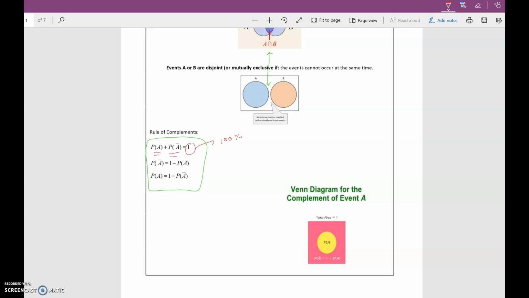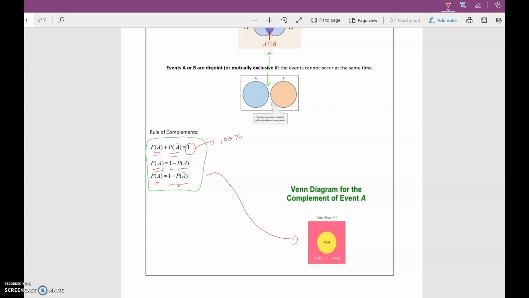Depending on what they're asking, some problems ask for the probability of the event not occurring, which is 1 minus the event occurring, or the event occurring is 1 minus the event not occurring. All of these formulas get explained in this Venn diagram.